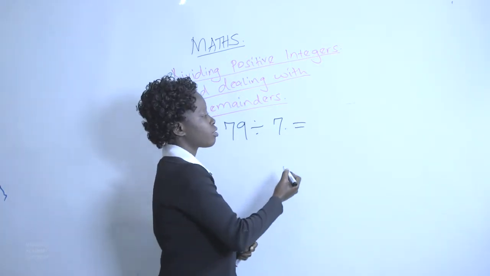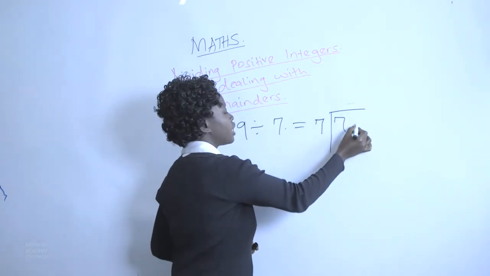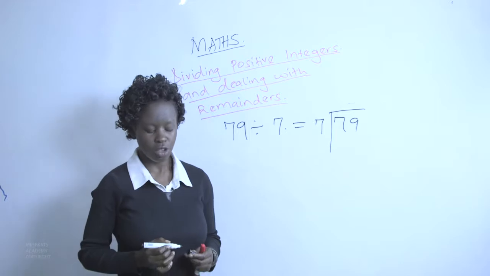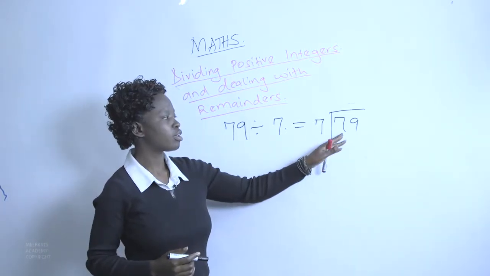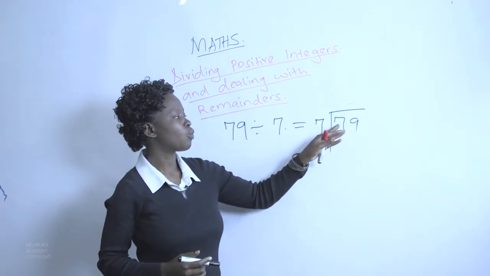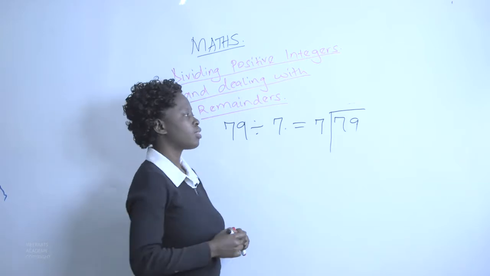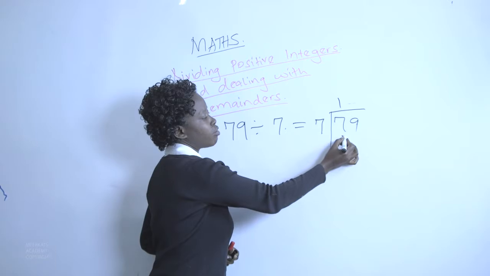This is what is expected. So we have 7 into 79. We've said that with division, we start from the far left. So we start with the digit that is in the far left, that is 7. So 7 divides 7 once. Then 1 times 7 gives us 7.